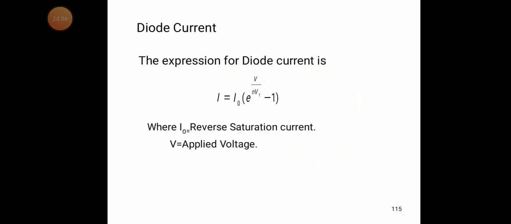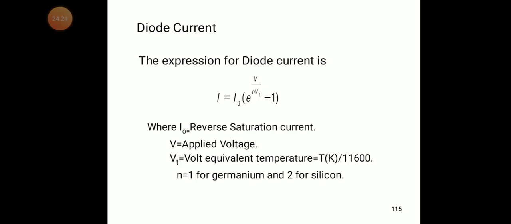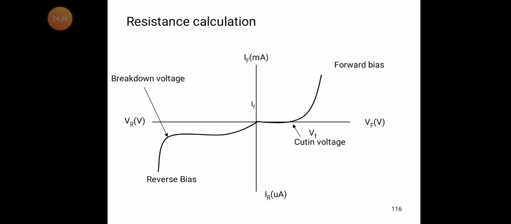The expression for the diode current is I equals I naught into e power V by eta Vt minus 1, where I naught is the reverse saturation current, V is the applied voltage, and Vt is the voltage equivalent of temperature, that is, temperature divided by 11,600. Eta is equal to 1 for germanium and 2 for silicon. So this is the diode current equation.